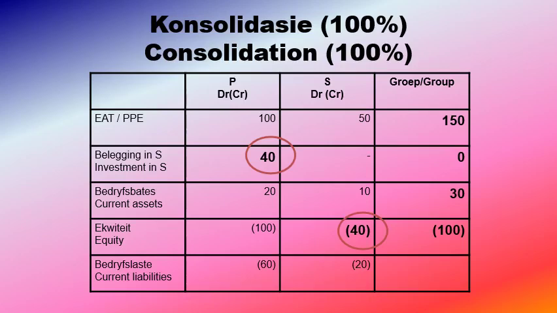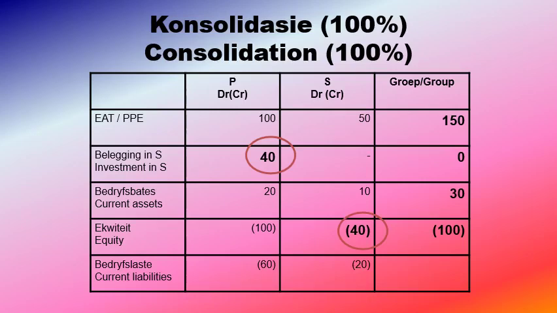Therefore, in the group financial statements, your investment in S should be 0. You cannot show that the group has an investment in S because technically they then have an investment in themselves. That investment is cancelled out against the equity that you have the investment in, which is in S's books. So that means the 40 asset in P's books cancels out against the 40 equity in S's books.